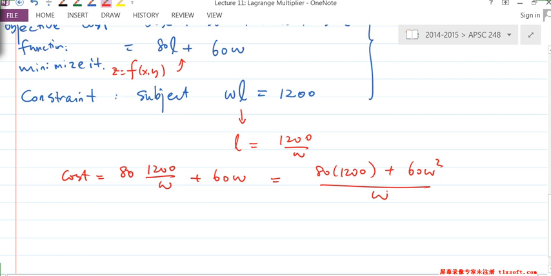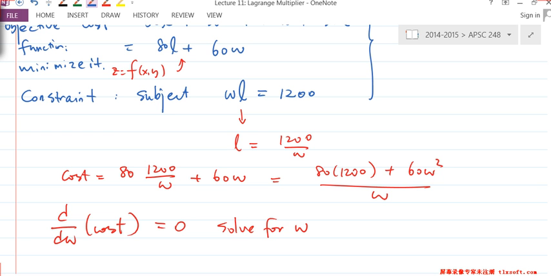So how do I minimize this one? Exactly, you take the derivative with respect to W. So d over dW of the cost, this function, and set it equal to 0. Solve for W. Does that make sense?